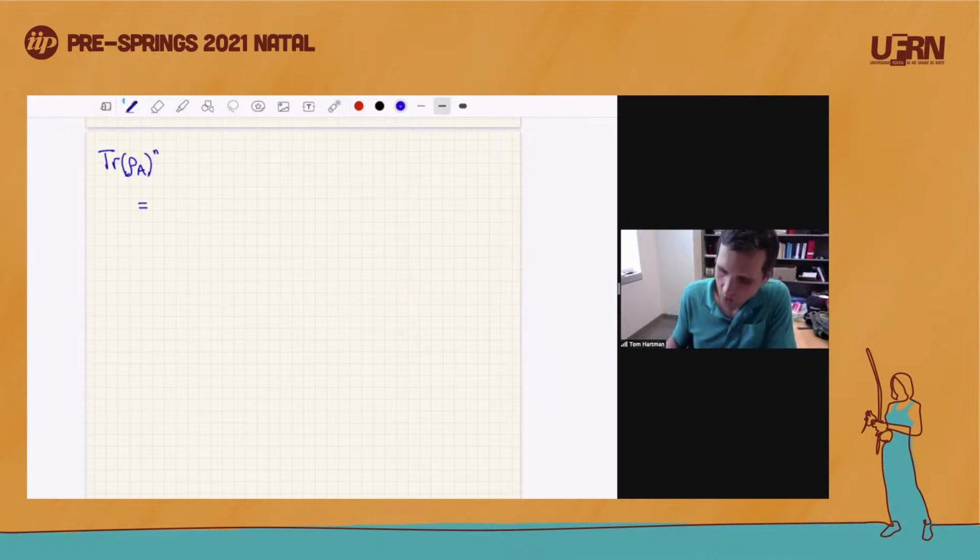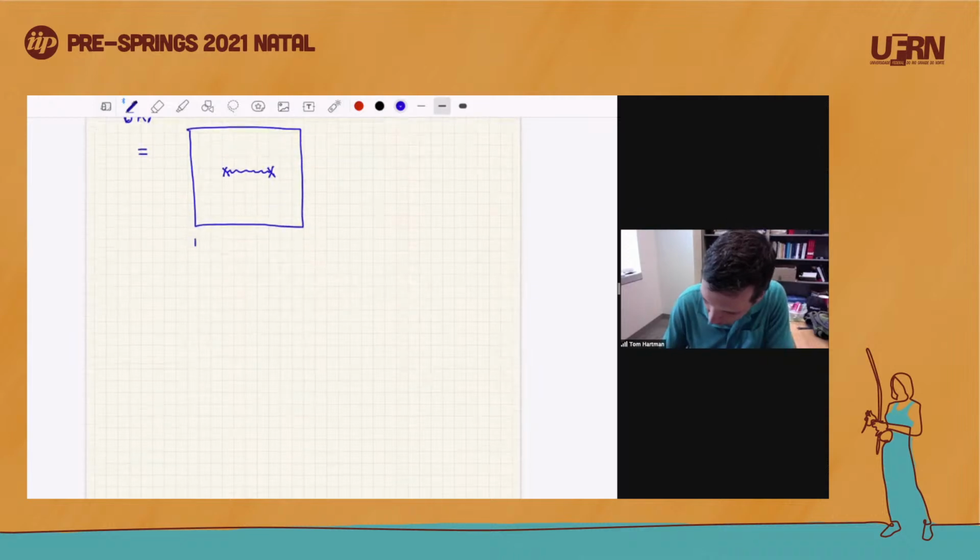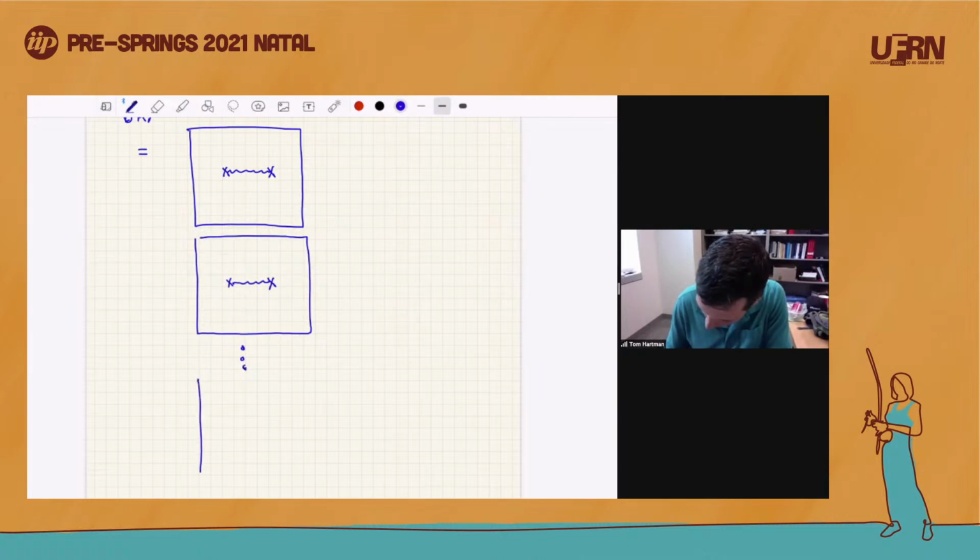We just draw n copies of rho A. There's 1, there's 2, dot, dot, dot, and copy n.